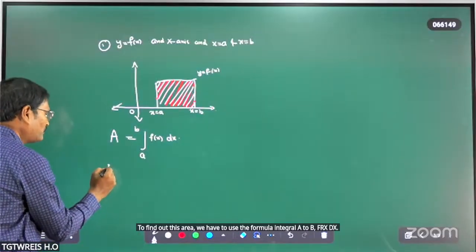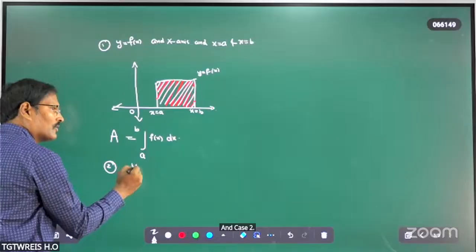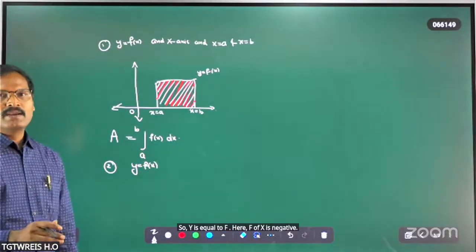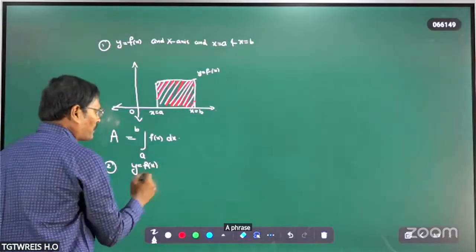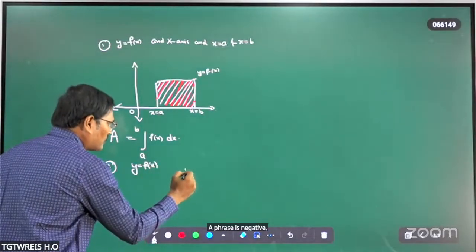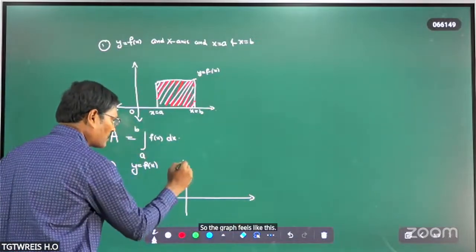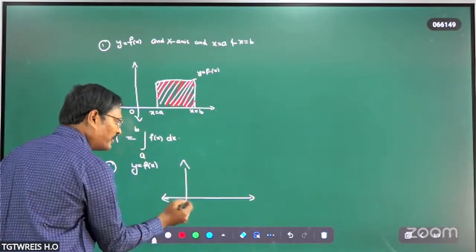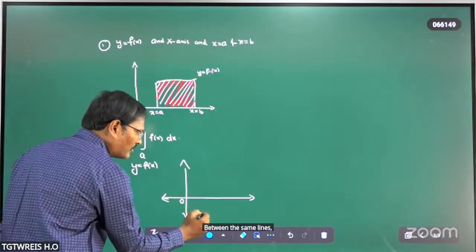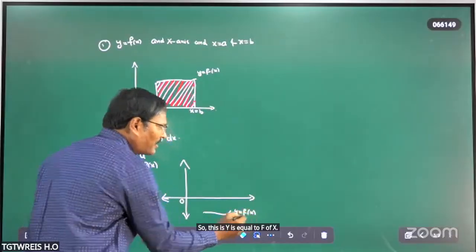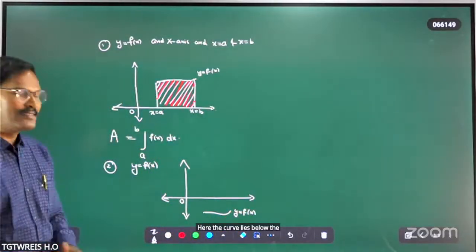And case 2. So y is equal to f of x. Here f of x is negative. So the graph is like this, between the same lines. So this is y is equal to f of x. Here the curve lies below the x-axis.